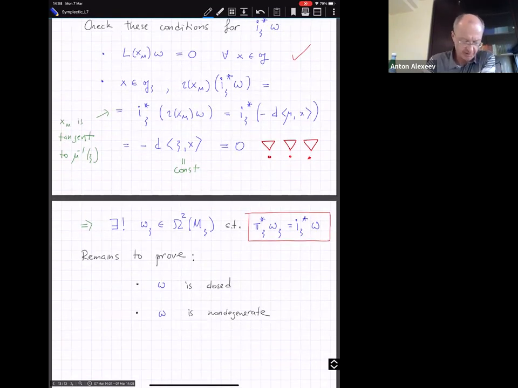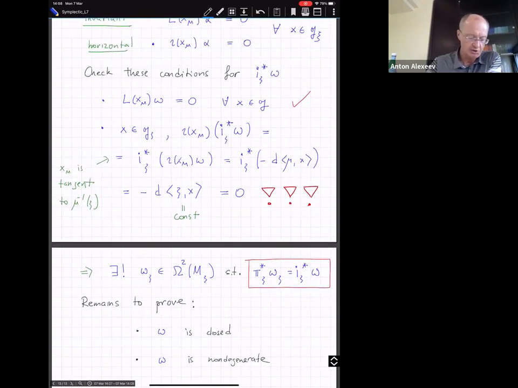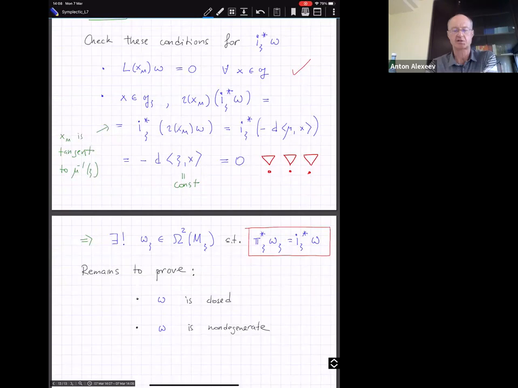While the proof that omega is closed is really an easy proof, the fact that omega is non-degenerate is easy, but it requires some thinking, and I don't think 2 minutes is a good timing for that. So I prefer to start next time with this part of the proof. It will also give me an opportunity to state the theorem one more time at the beginning of the next class, because that's a very important theorem.